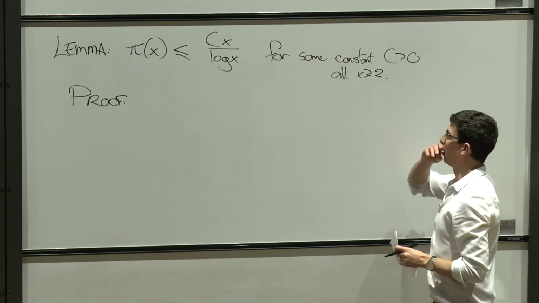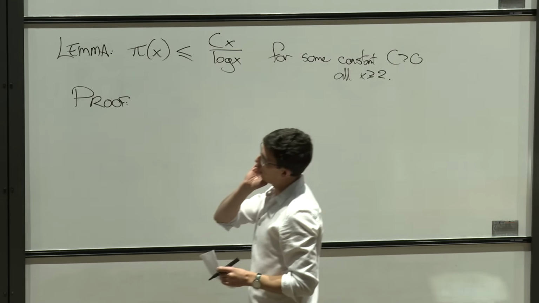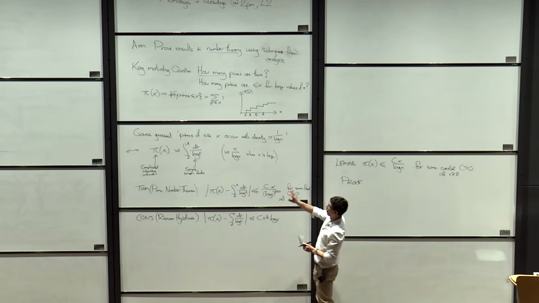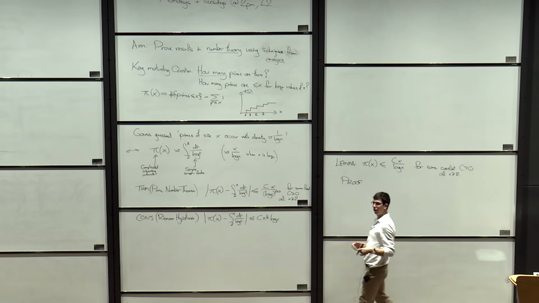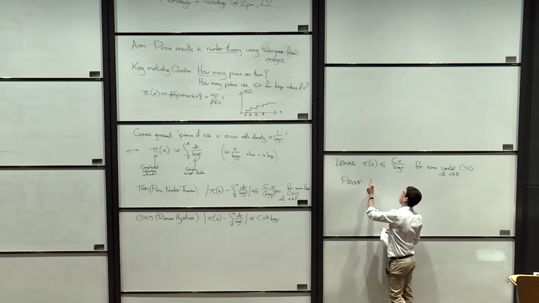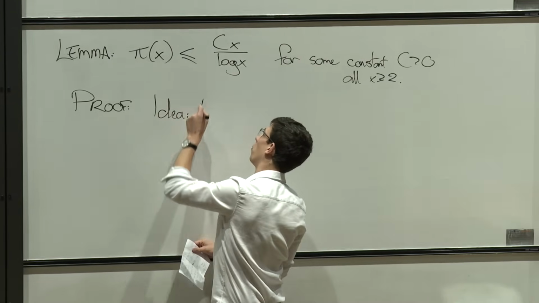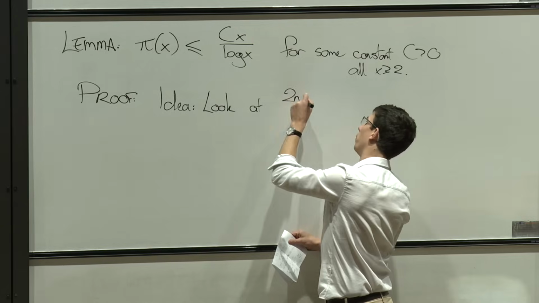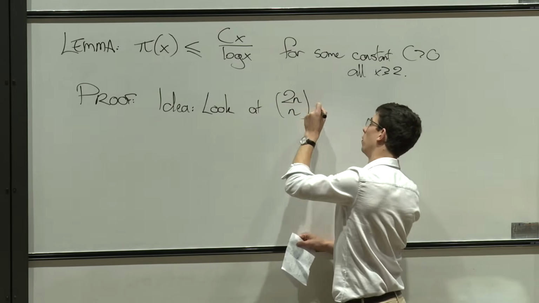So how might we prove this? Well, the key idea is to look at something that encodes the primes in a way that we can get a handle on. And we want, in this context, to look at the binomial coefficients 2n choose n.